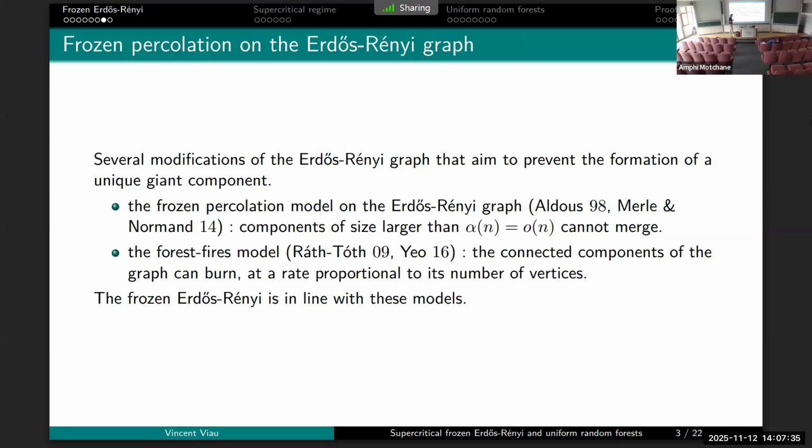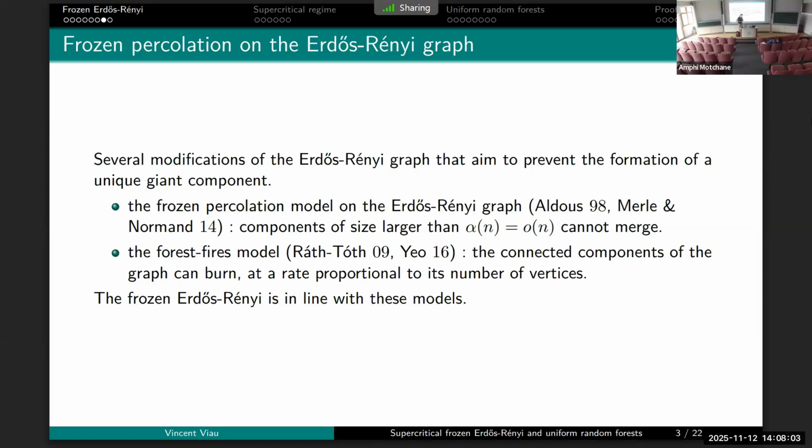And another example in this direction is the forest fire model, where connected components have the possibility to burn, and the probability for a connected component to burn is proportional to its number of vertices, so that the largest component in the graph will have more probability to burn, and it will again prevent the formation of giant components.